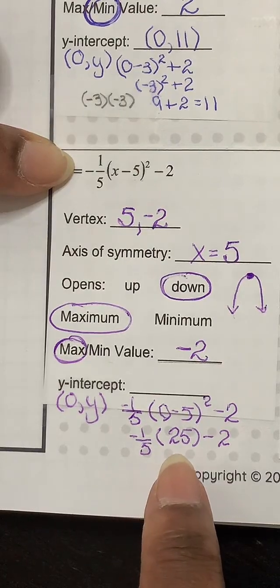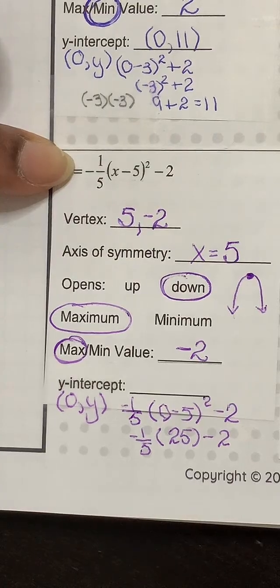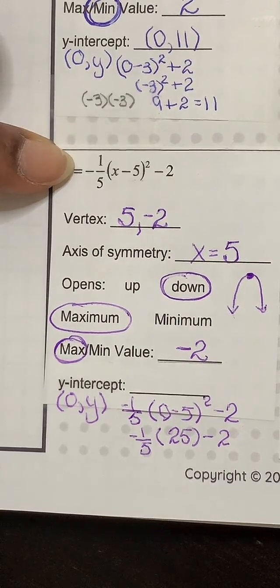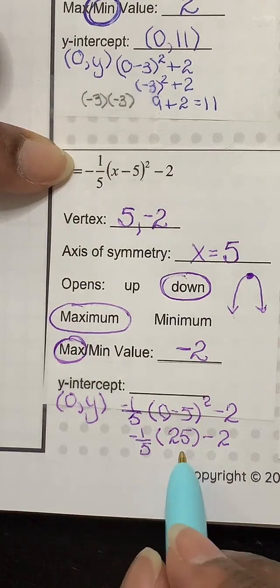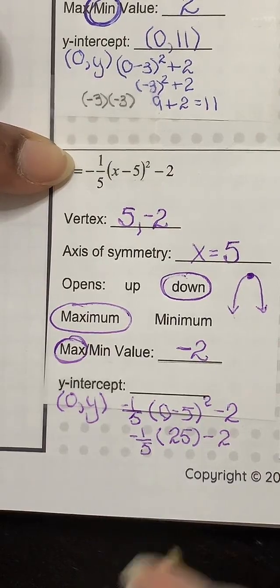Good. Yes, there is always a y-intercept. Either it's at 0 or it's somewhere. It's always got some kind of crossing, unless there is some kind of boundary lines, which you're going to learn about way later. Okay? So 1/5 of 25 is the same as saying 25 divided by 5.